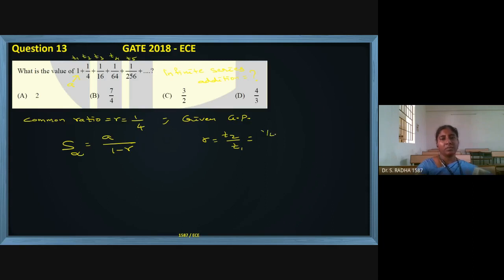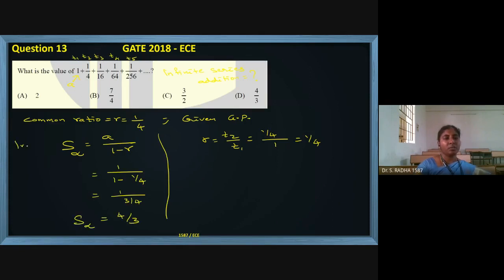Second term divided by first term is 1 by 4. Substitute, simplify. 1 is the a value, 1 minus 1 by 4 is 3 by 4, and the sum is 4 by 3. So the sum of infinite terms in geometric progression, our answer is option D.